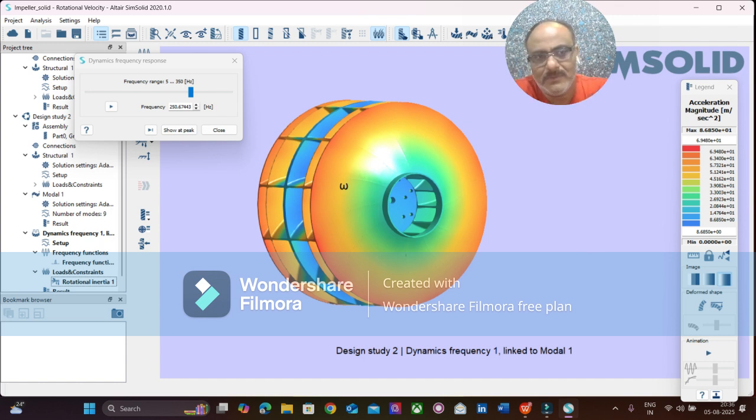Now we are going to perform a random vibration simulation after this, because we are experiencing an acceleration of 7.5 g, and g is acceleration due to gravity. The weight of the system is nothing but mass into acceleration due to gravity.